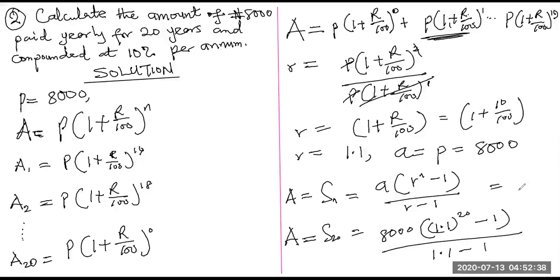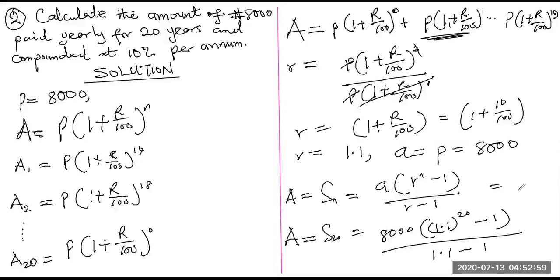So use your calculating device. 1.1 raised to power 20, then minus 1, multiply by 8,000, divided by, of course, on your denominator, 1.1 minus 1 gives us 0.1, so divide by 0.1.